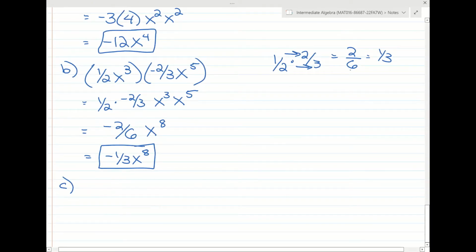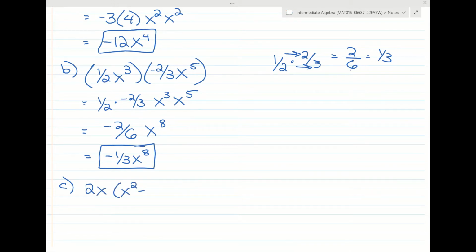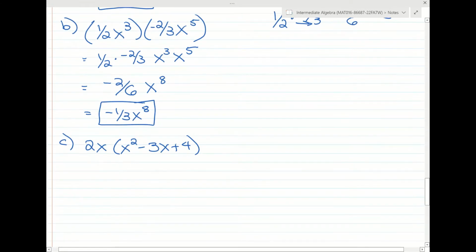All right. What if we had 2x times x squared minus 3x plus 4? The way we do this is similar to what we did before.